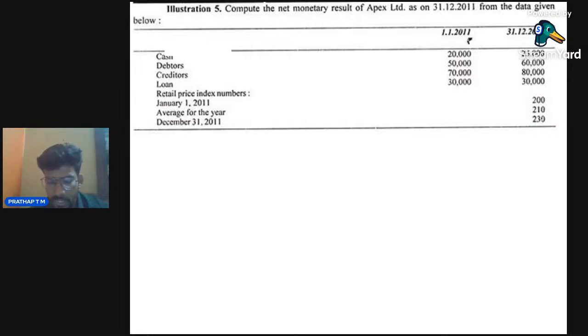The second one is the addition. Sorry, 10,000. How do you determine it? Your closing value is 1,10,000, your opening is 1 lakh, so the difference is 10,000. What is the index value you're considering? That is the average, 230 divided by 210, which becomes 1.095.